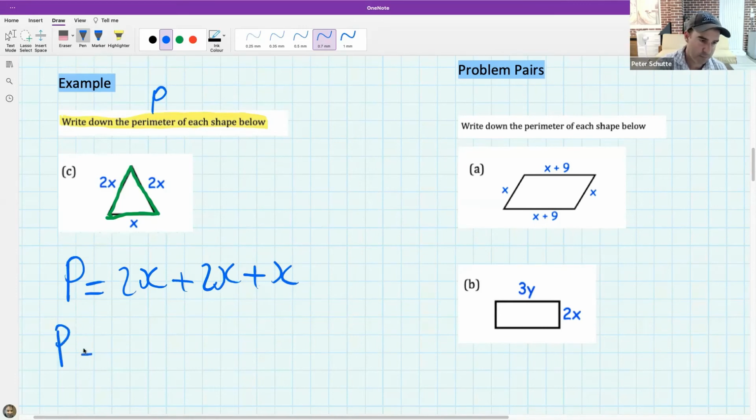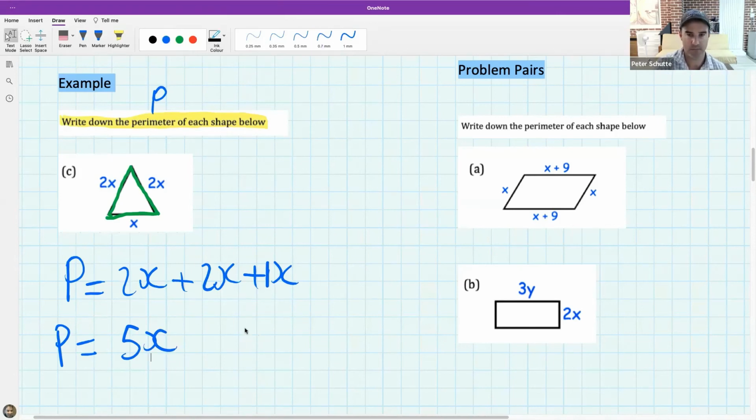Now, what is the perimeter going to be? Well, luckily for me, these are all like terms. And I also know that the coefficient in front of the x is 1. And so if I go 2 of something plus 2 of something plus 1, the perimeter is going to be 5x.